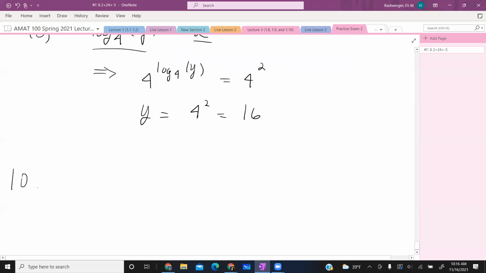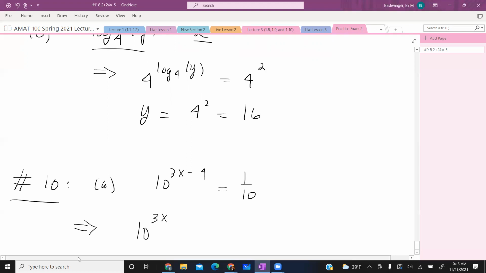So number 10, we have 2 parts again, and we want to solve for x in both cases. So part A, the equation is 10 to the 3x minus 4 power is equal to 1/10. Well, we can write 1/10 as a power of 10.